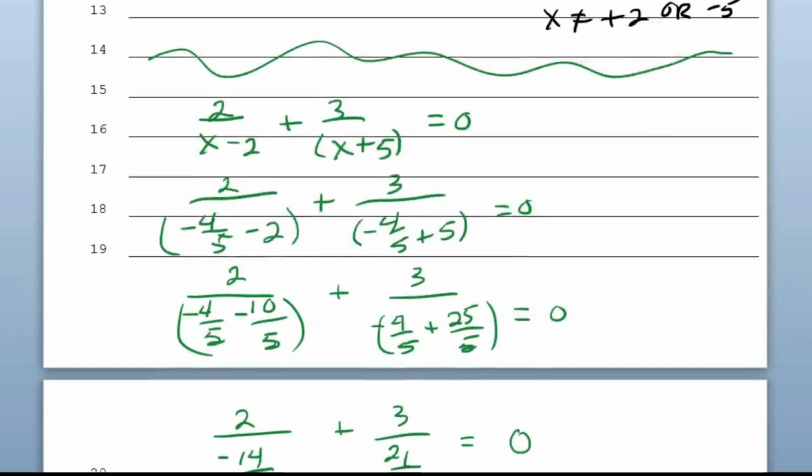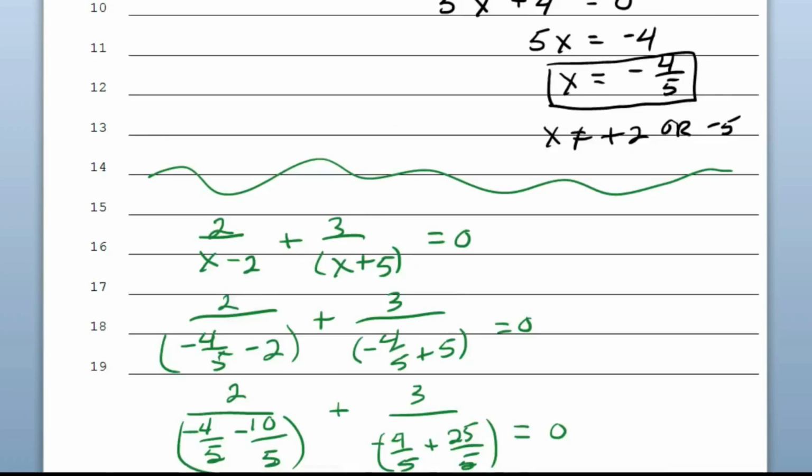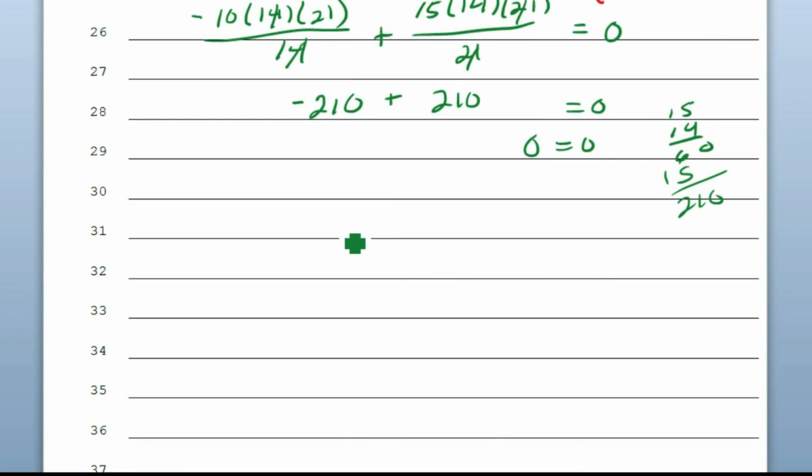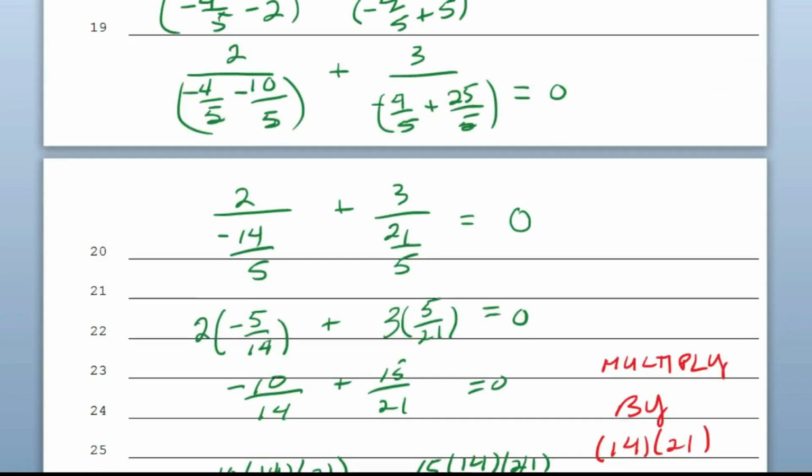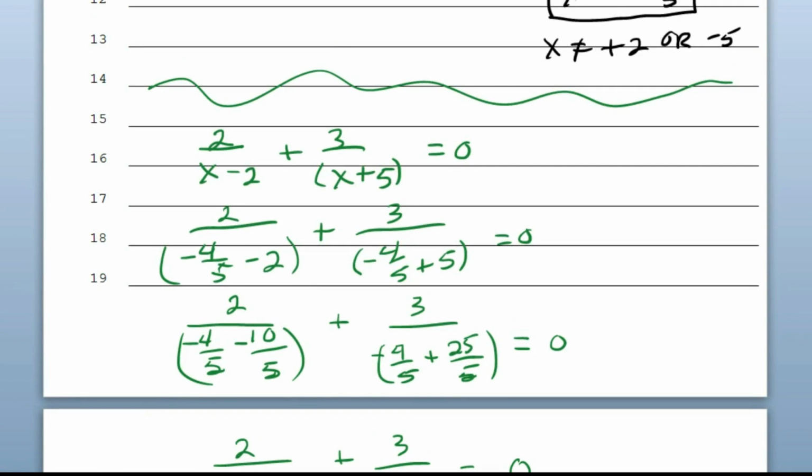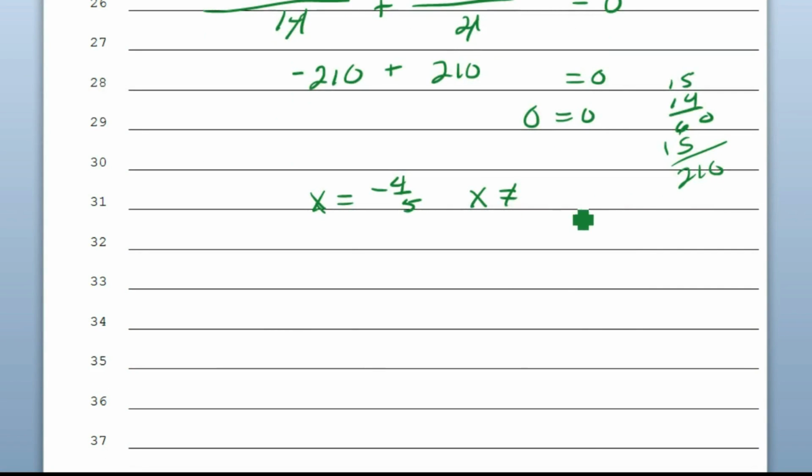So x equals minus 4/5 is the solution. And x cannot equal plus 2 or minus 5.